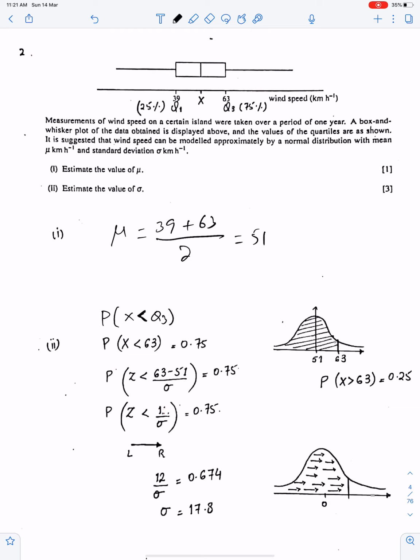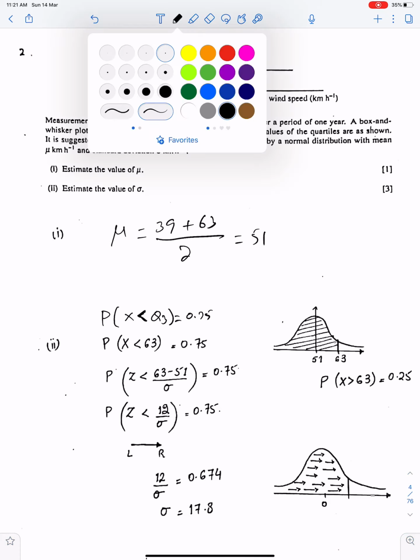The probability of Q3 is 0.75 and Q3 is just 63. So use this and do inverse normal. You need to get phi inverse 0.75. Phi inverse 0.75 is 0.674. So this is 12 upon sigma. Let me clear this.